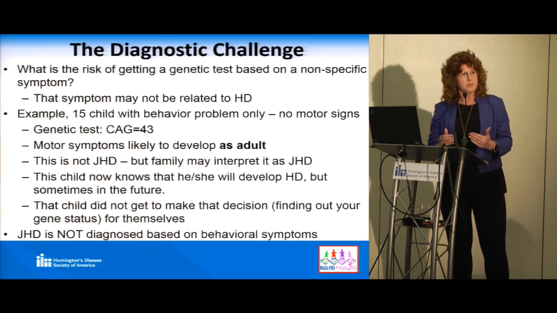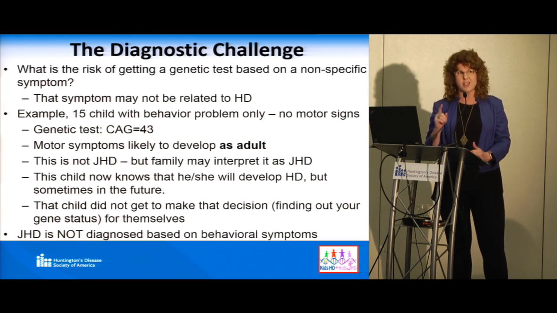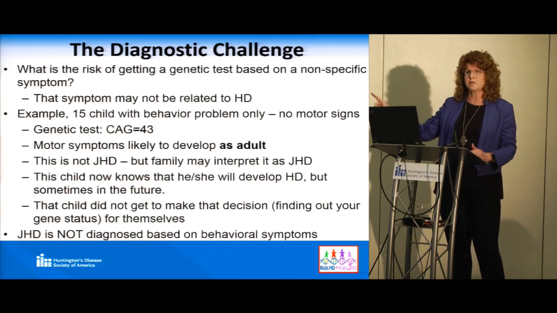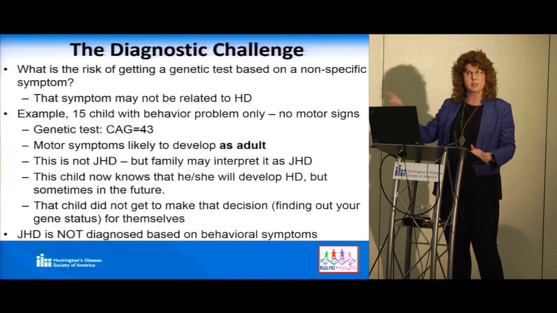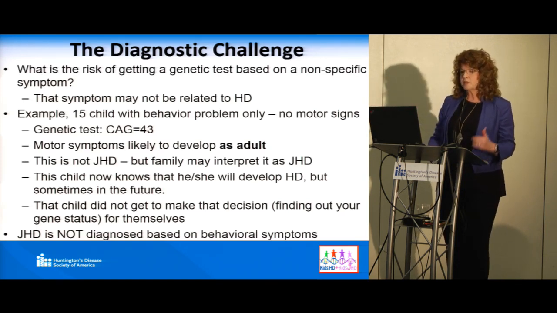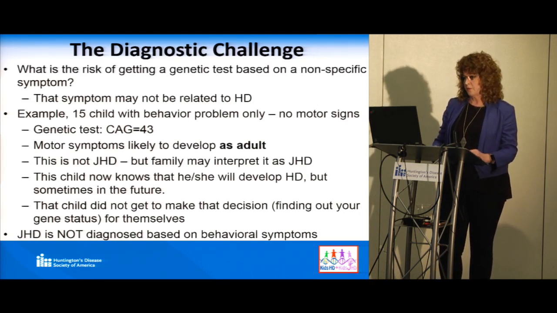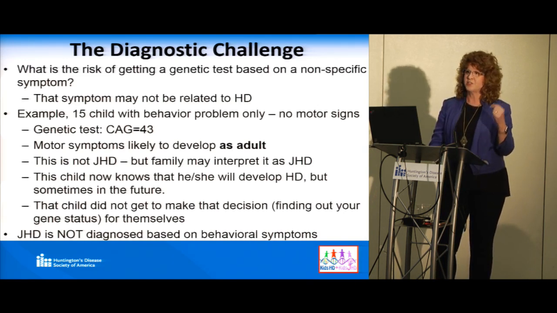That probably means, with the CAG of 43, that that child is not JHD. That probably means that that child is going to get motor symptoms and develop Huntington's as an adult. Not as a 15-year-old, but likely as an adult. So it's not JHD, but it could be interpreted by some people as JHD. So this child now knows that they are gene positive.